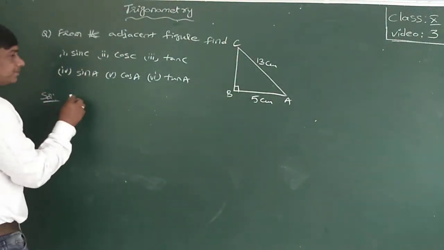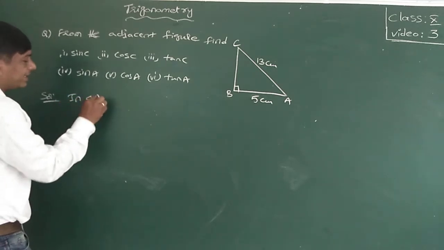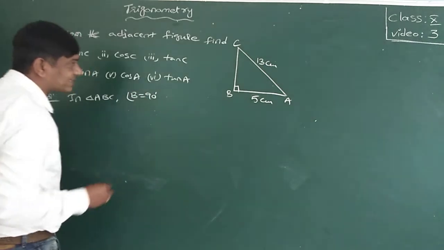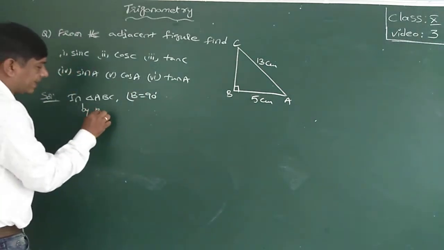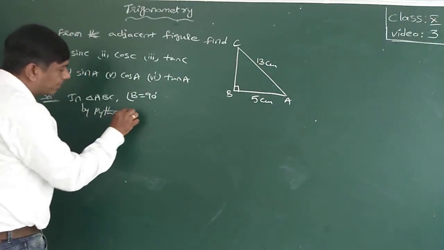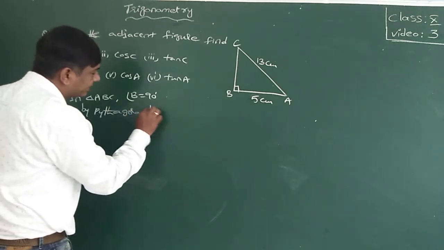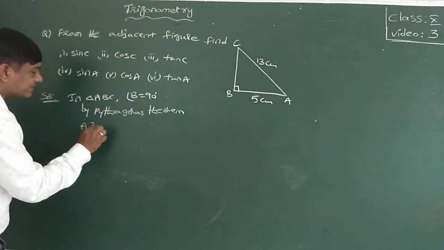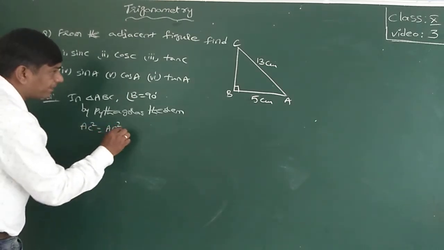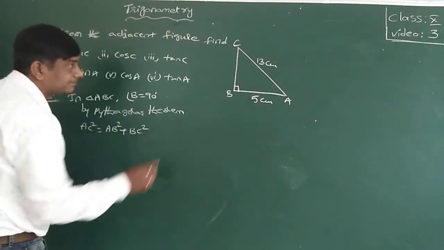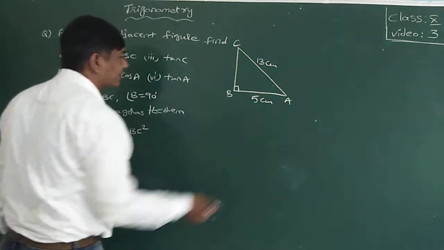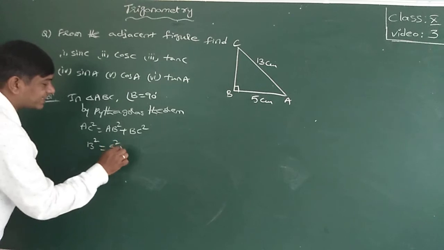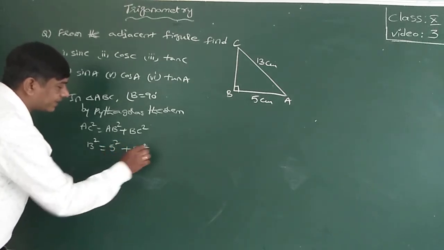See here, in triangle ABC, angle B is equal to 90 degrees. By Pythagoras theorem, AC square is equal to AB square plus BC square, because the right angle is B. AC square is 13 square, equal to AB is 5 square plus BC square.